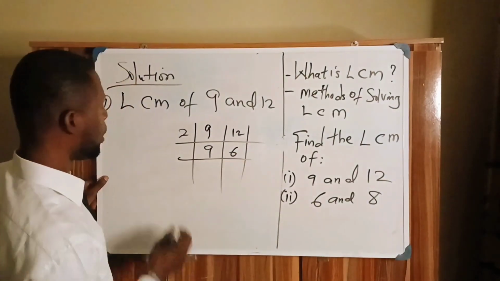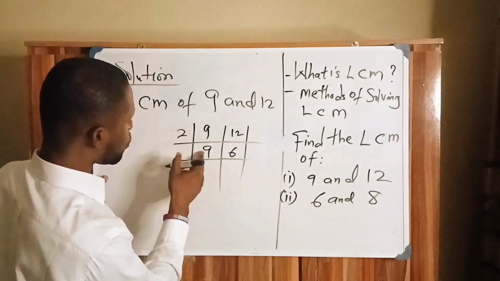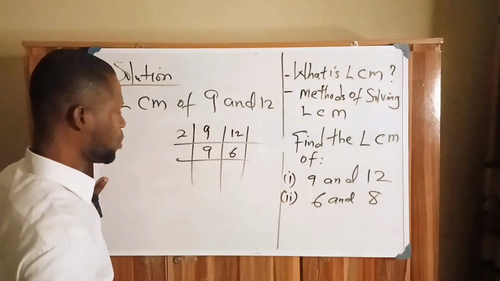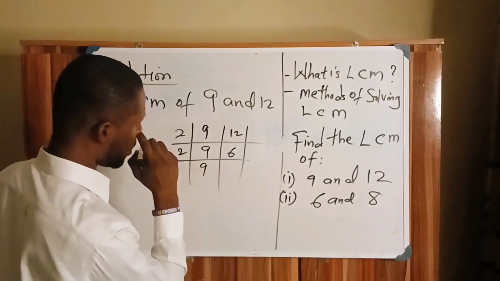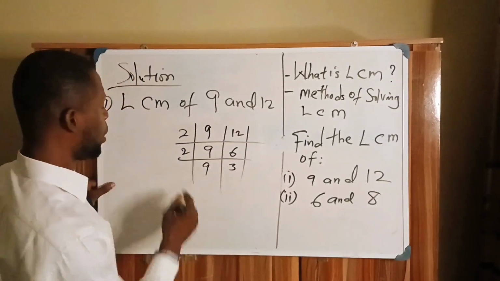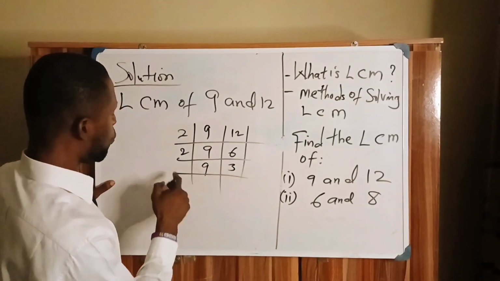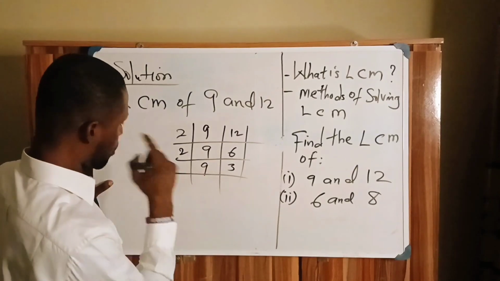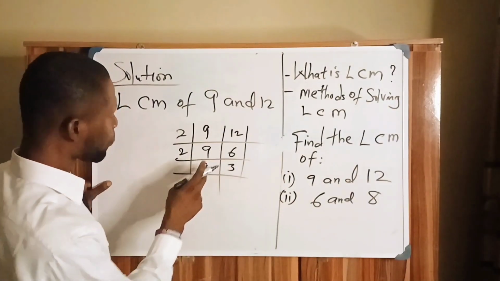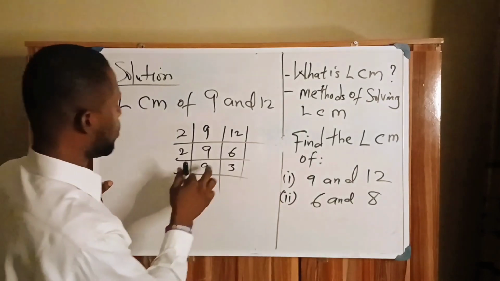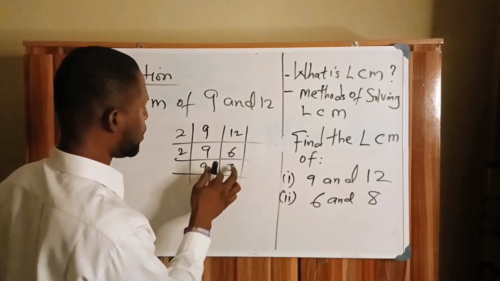Then we rule another line. 6 can still be divisible by 2, so we still put 2 here, and then we bring this 9 down, and we have 3 here, and then we rule another line. 9 is not divisible by 2, and 3 is not divisible by 2.